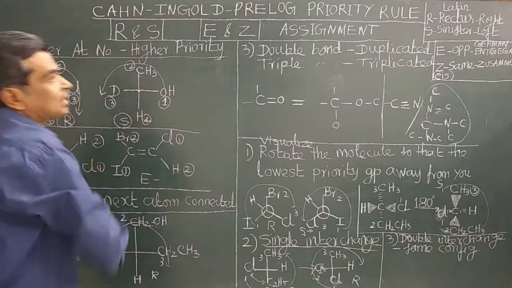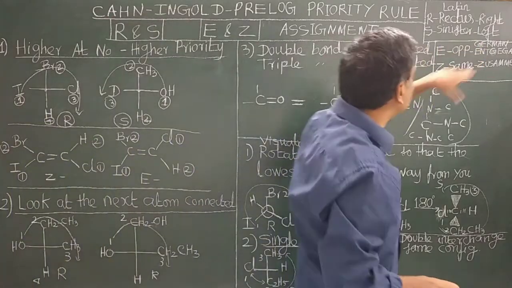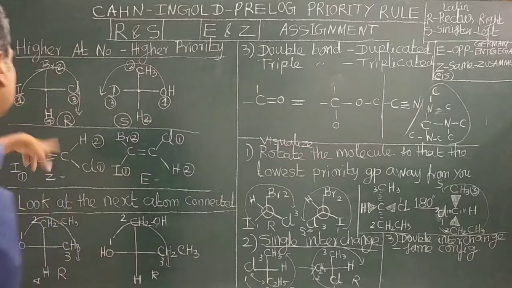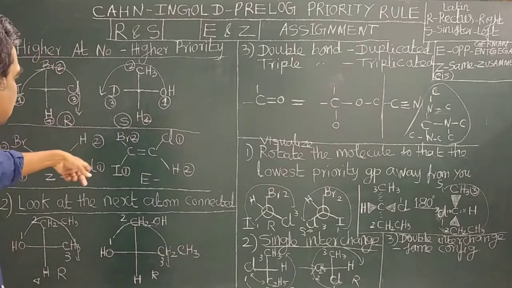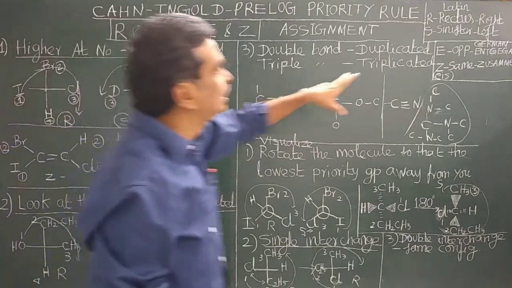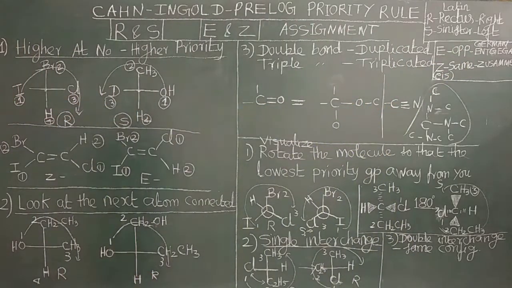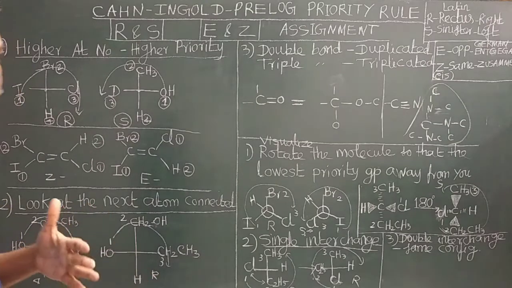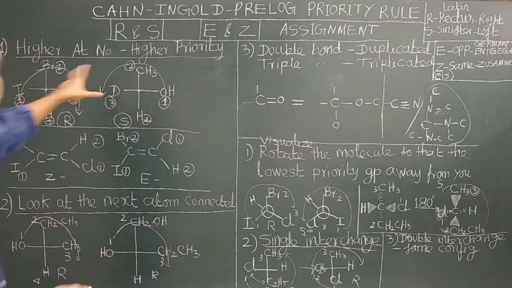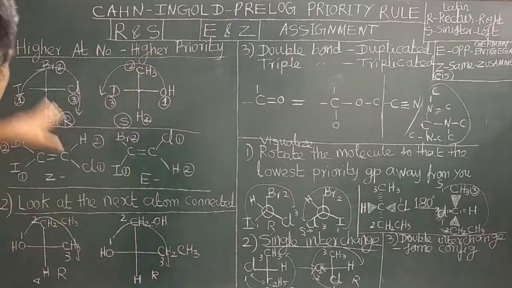That is S, sinister, meaning left in English. It moves in the left direction, whereas for R the arrow moves in the right direction. Now we have assigned the R and S configurations using sequence rule 1.